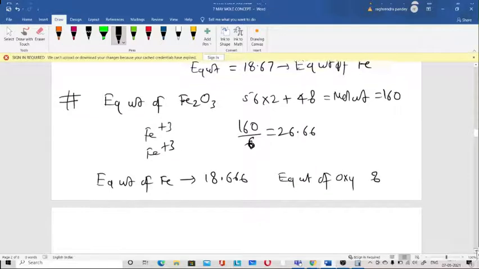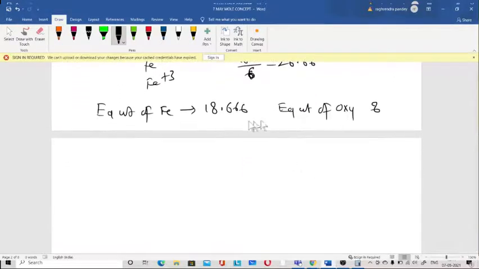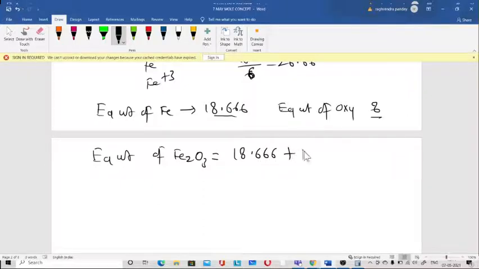When you add this and this, what do we get? 26.6. So the equivalent weight of Fe2O3 is equal to 18.666 plus 8, so that will become 26.666.